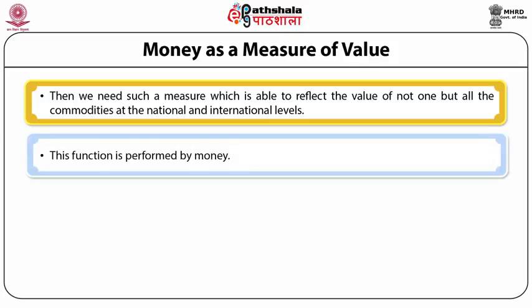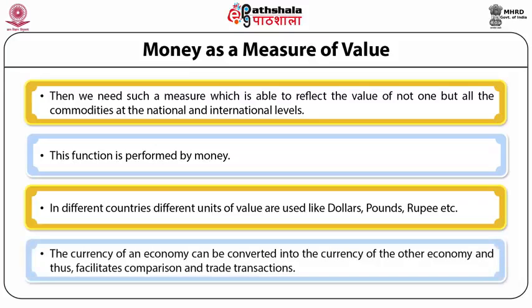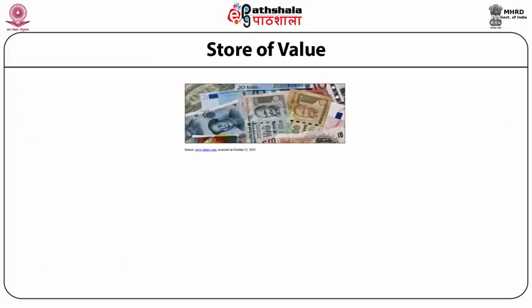This function is performed by money. In different countries, different units of value are used like dollar, pounds, rupee, etc. The currency of an economy can be converted into the currency of the other economy and thus facilitates comparison and trade transactions.